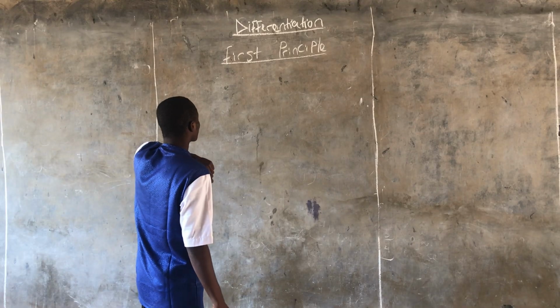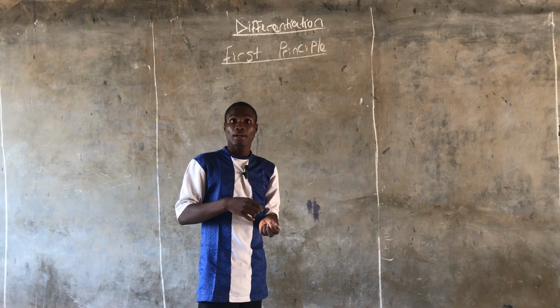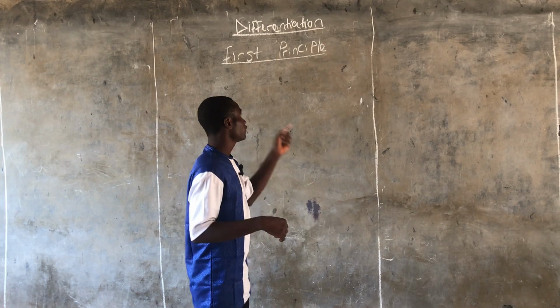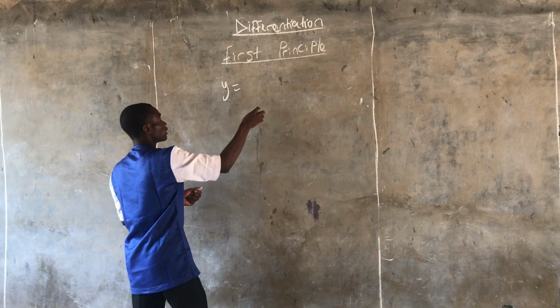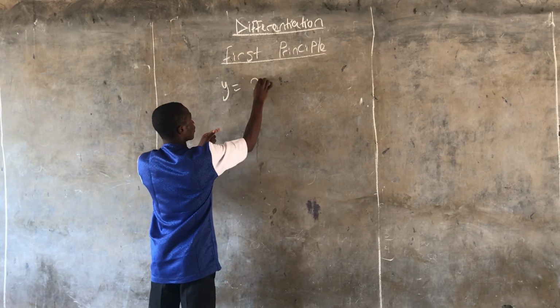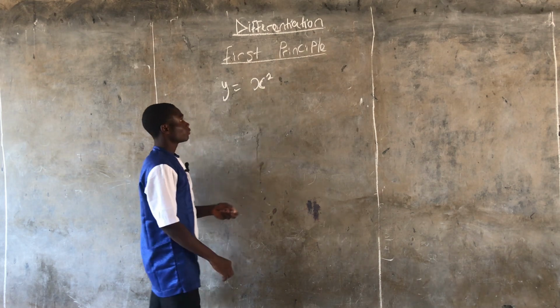When we treated general rules of differentiation, we said, let's say y is equal to x raised to power 2.